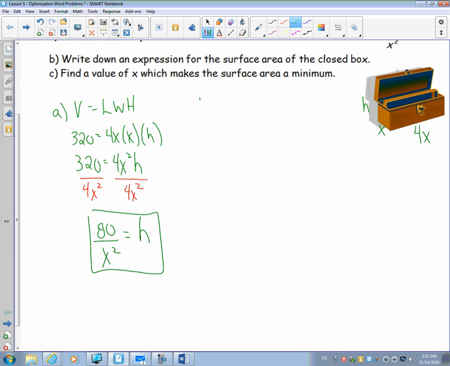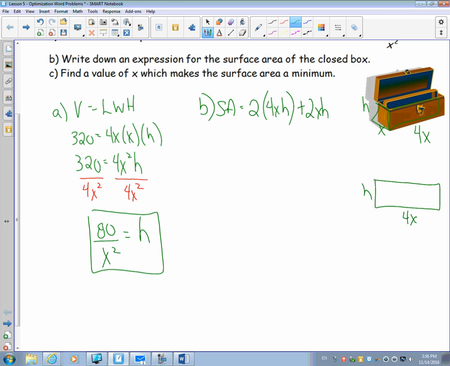Okay. Part B, write down an expression for the surface area of the closed box. So surface area is the sum of all the surfaces, right? If you think of this as a front and a back, there are two of them, and they're both 4x times h. Think of it as 4x, and they're h tall. Then we've got our two sides, and as you can see here, they're x by h. We've got two of them.